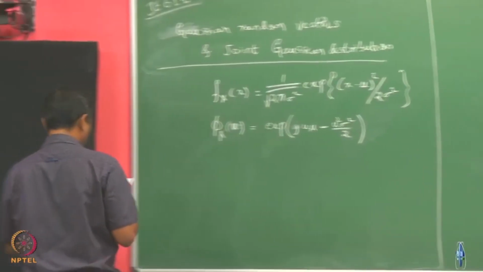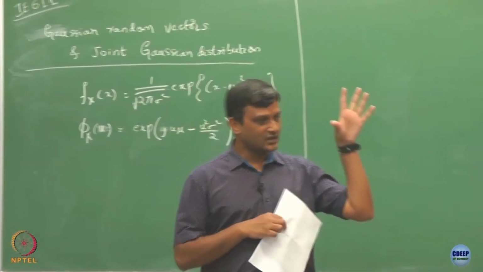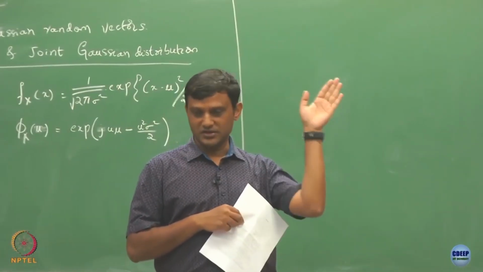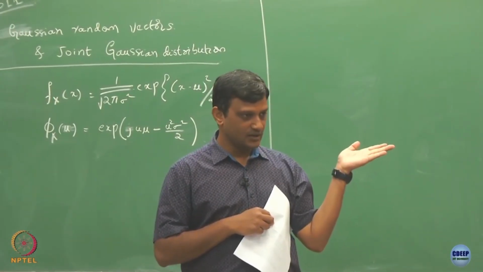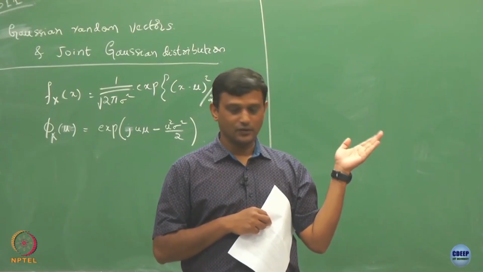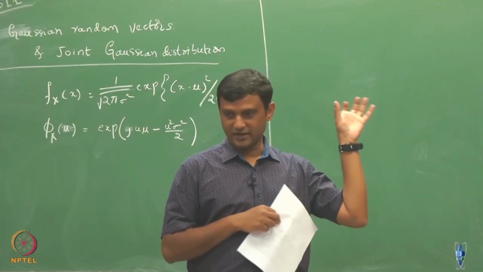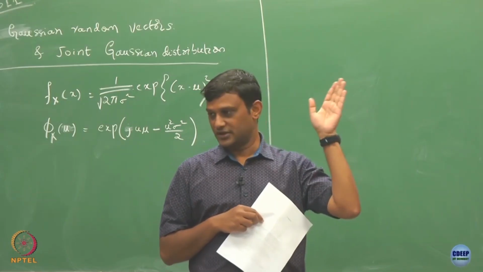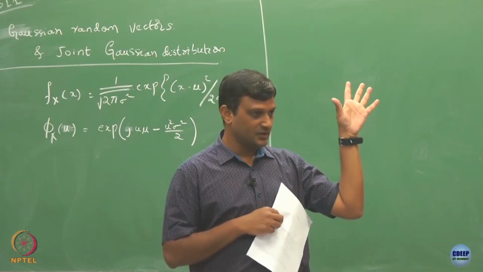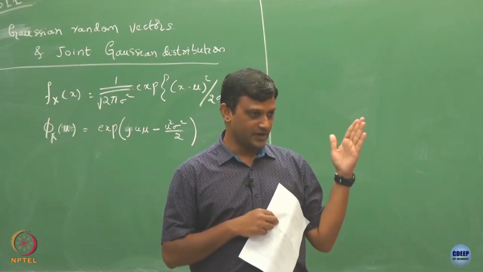Now suppose I have a set of such random variables which are independent but not necessarily identical. We already know what I mean by independent for a set of random variables, right? We know that if their joint distribution splits into their marginal distributions, then we are going to call them independent.